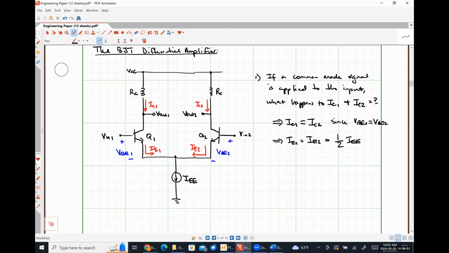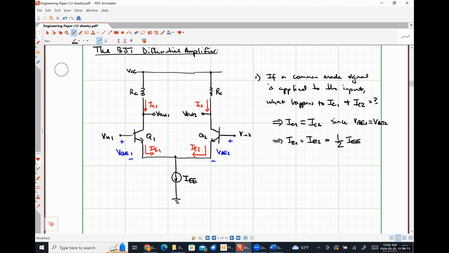So if we apply literally the same voltage to VN1 and VN2, no difference between them whatsoever, that is applying a common mode signal.